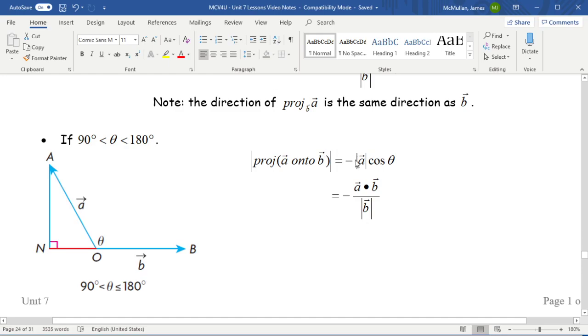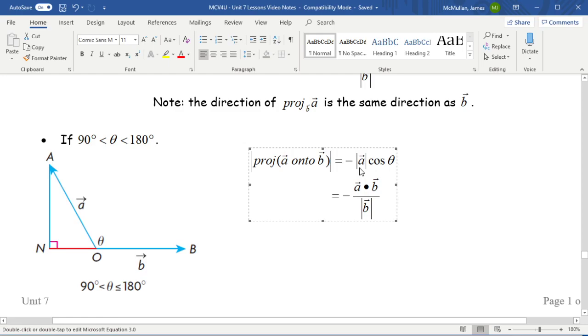The reason they're putting an opposite here is because otherwise you would get a negative magnitude. Cos theta is a negative number when theta is bigger than 90, and magnitude A is a positive number. So if you multiply those two together, you get a negative.